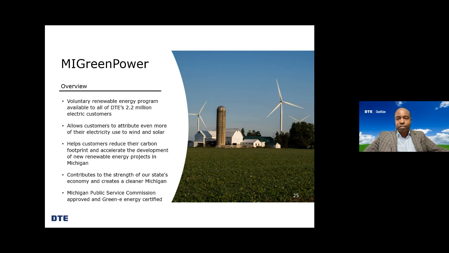The program offers a simple and affordable way to reduce their carbon footprint. As the program grows, DTE can further support the state's clean energy economy, adding more renewable energy resources and clean energy jobs in Michigan, and ultimately creating a cleaner Michigan for all of us.